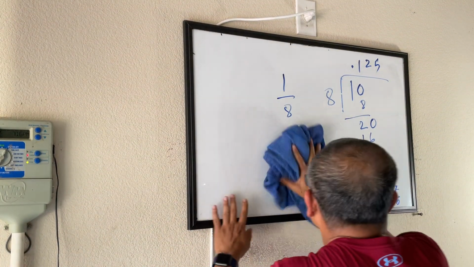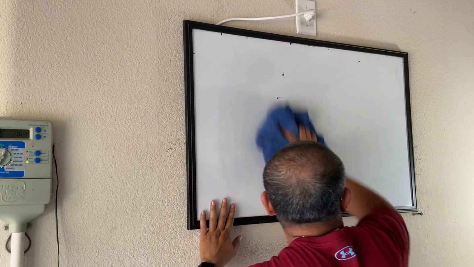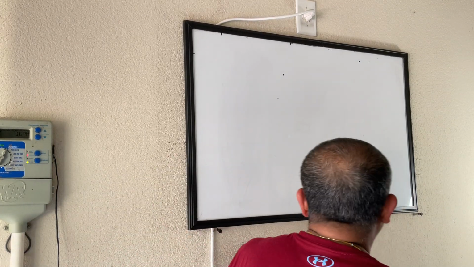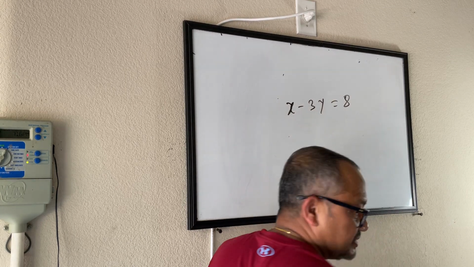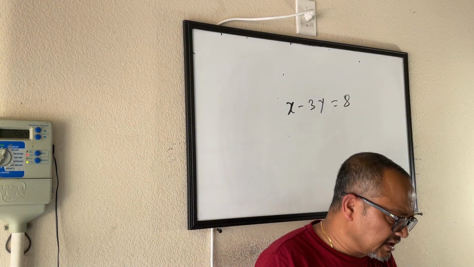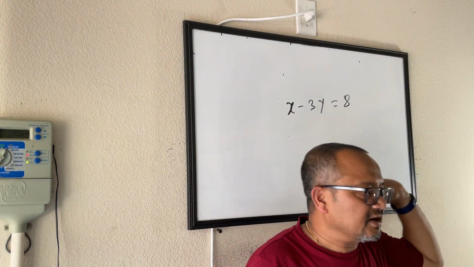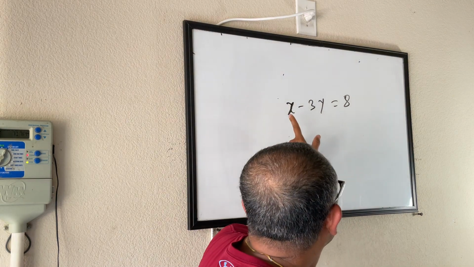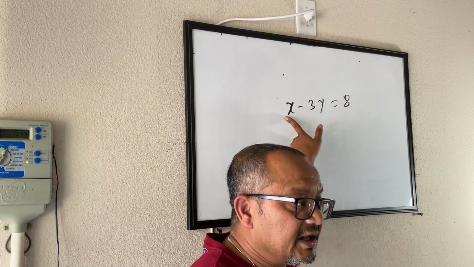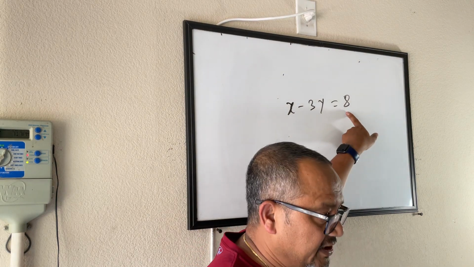So if I say an equation is x minus 3y equal to 8, it's nothing but a contrast between x and y, where x being Praneeth and y being me, we agreed that Praneeth's value minus 3 times my value will be equal to 8.